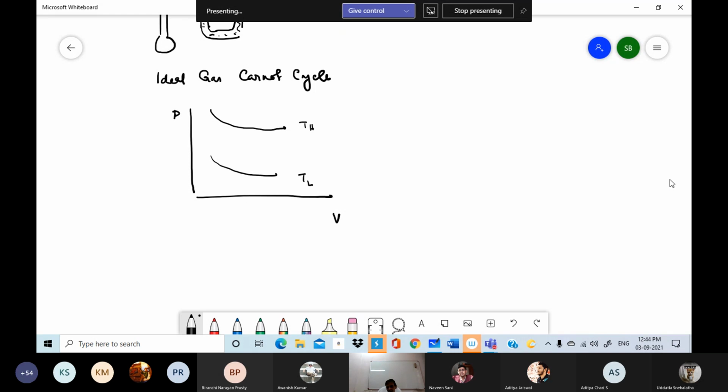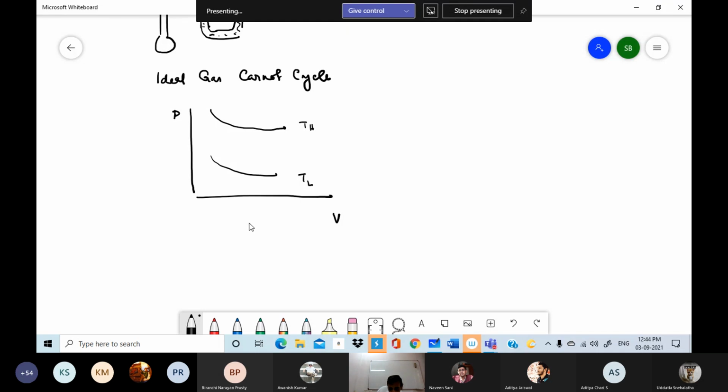If temperature is constant, PV has to be constant. So as P decreases, V increases, and as P increases, V decreases. Now we have to also plot the adiabatic lines.